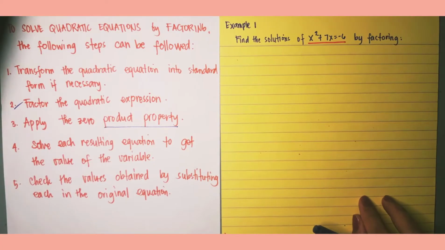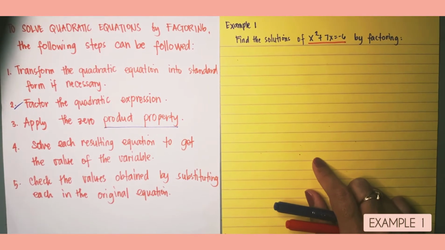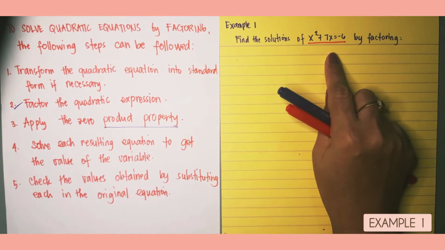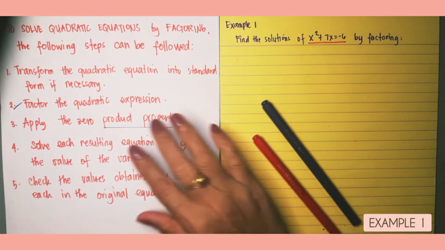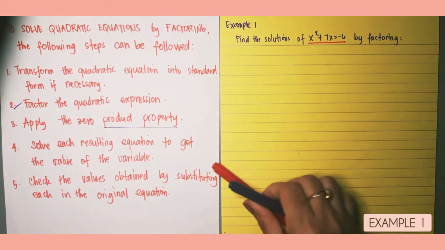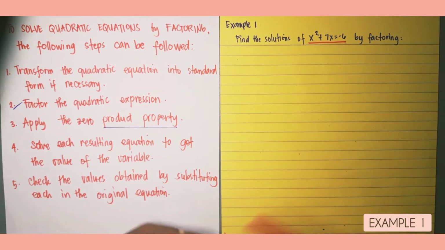Okay, so this is our example number 1. Find the solutions of x squared plus 7x equals negative 6 by factoring. Now, on my right side is the guide of the steps to follow on how to solve quadratic equations by factoring.